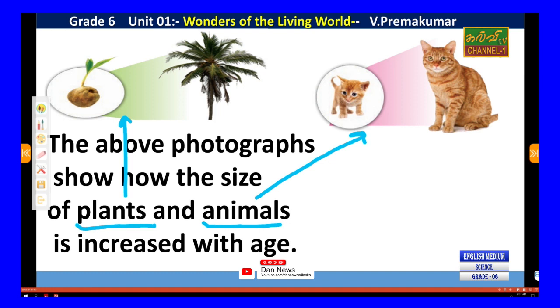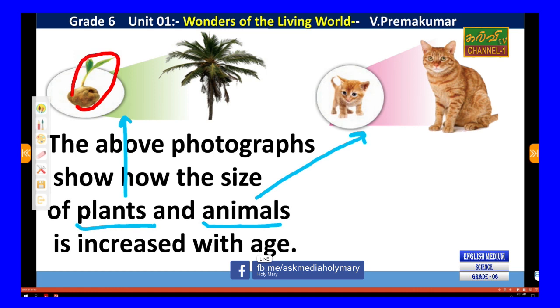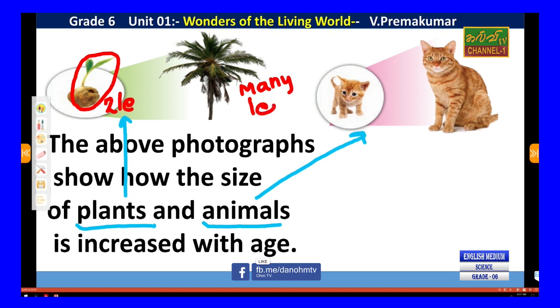What happened? The size was small. There are 2 leaves here, and here there are many leaves.